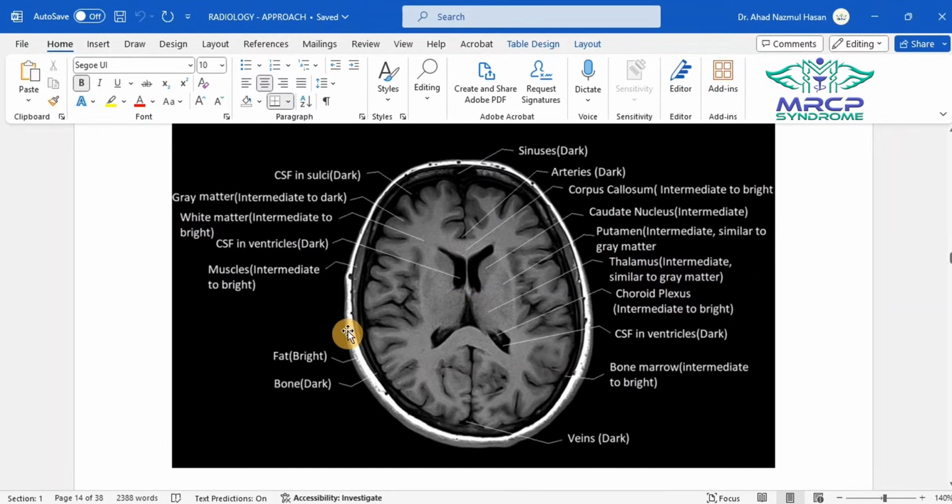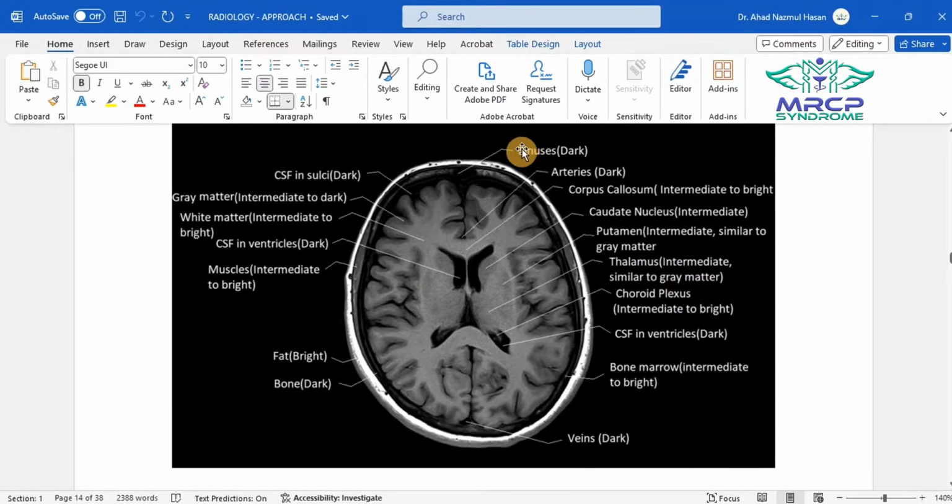The scalp region contains fat, so it would be bright. This one is the bone, and it will appear black. But within the bone, there may be some bone marrow components, and these will appear bright in T1.